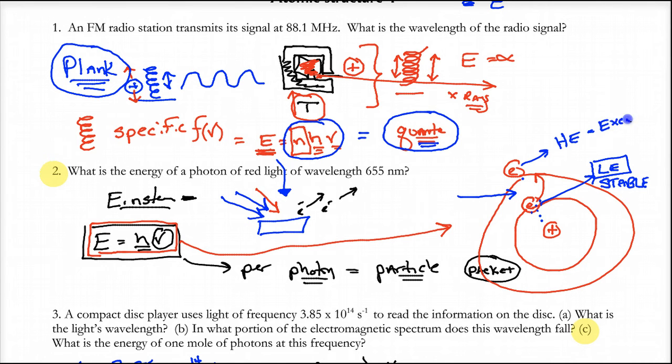And when it's excited, it's high energy, and you got it, it's unstable. Mr. Unstable, who has a lot of energy. And things that have a lot of energy, give them off. So this thing doesn't stay in this state very long. It's unstable. It's got too much energy. So it jumps back. And when it jumps back, it gives off energy.